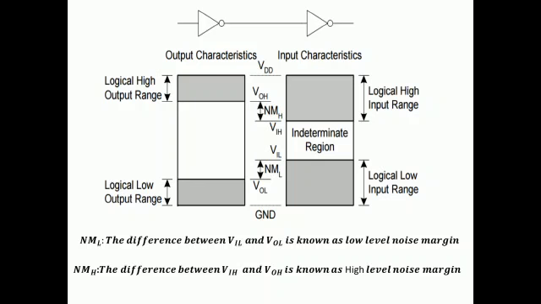VOH means high level output voltage. So see here, there is some difference between these two levels and this difference is called as noise margin. So there is some noise margin kept so that the effect of the noise is less.